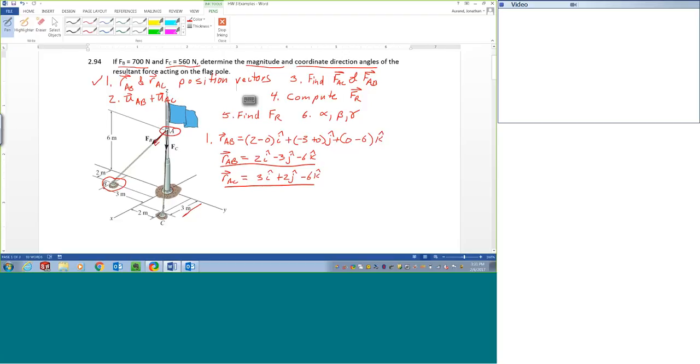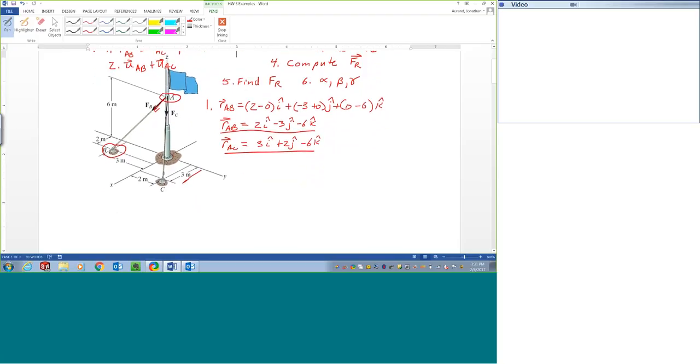Now step 2, our unit vectors. UAB is going to equal RAB divided by the magnitude of RAB. The magnitude of RAB equals the square root of each of these things squared: 4 plus 9 plus 36, which goes to the square root of 49, as all of you know, is 7.